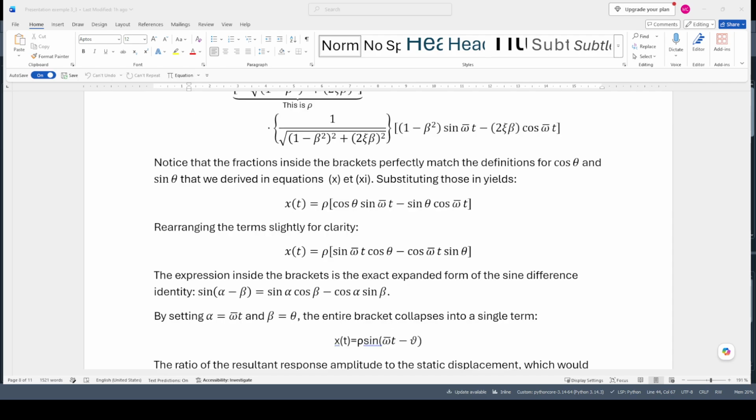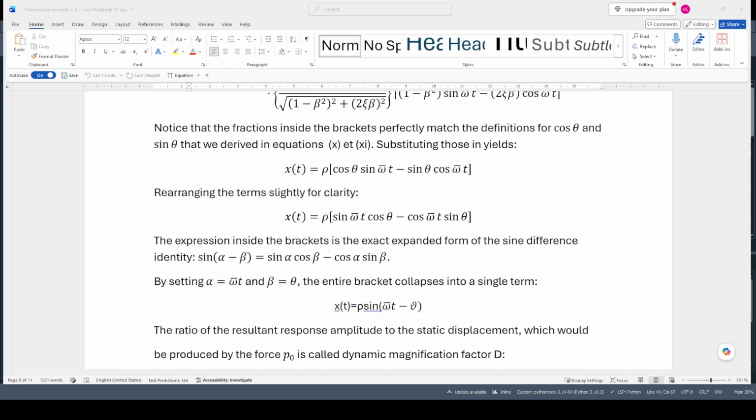We can rearrange the factor internally, and we can see the expression in the square bracket is equal to sine of alpha minus beta. In this case, alpha is omega bar t, and beta is equal to theta.